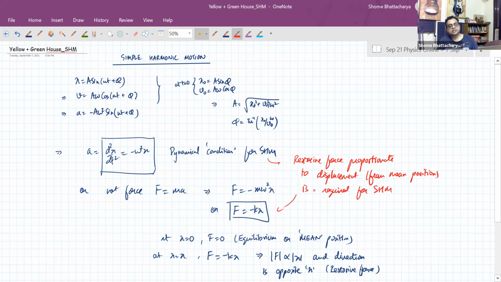Any system which has a restorative force, that tries to restore it back to the mean position, proportional in magnitude to the displacement from the mean position, will perform SHM.